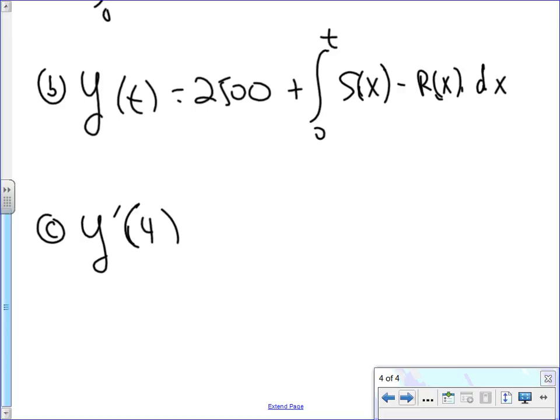Now I really want y'all to be very quiet and just think. If this is y, then what's y prime going to be? First question, what's the derivative of this? 0. Stop right there. So think about the other one.